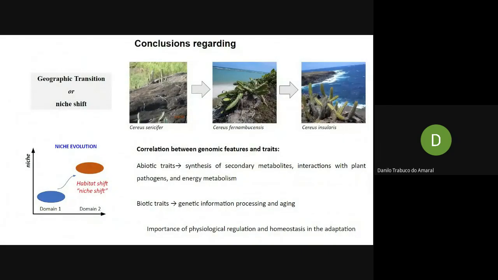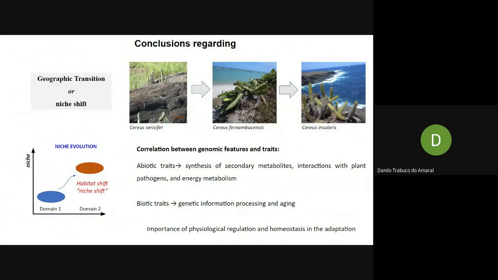Based on that, the geographic transition and expansion in this group, as well as the initial shift that can occur when you have the change of domain among those species, mainly associated with the transition from an Inselberg area to a Restinga, and after that from the Restinga to an island condition, you probably observe some correlation between genomic data and those traits.